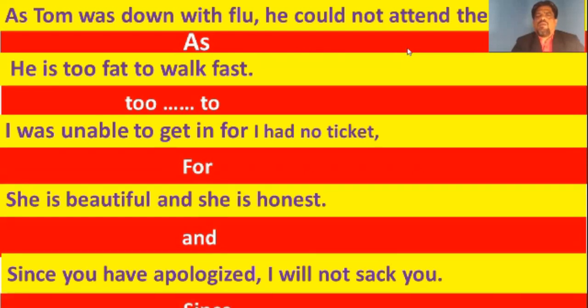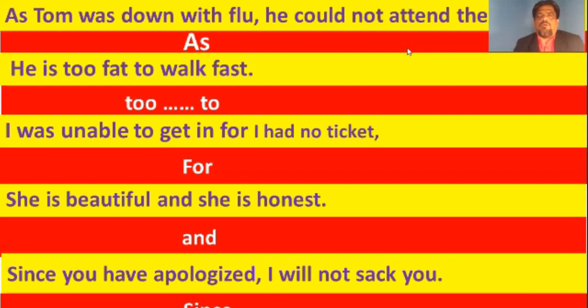Now, let us try to identify the kind of conjunction used here. First, it is "as". Very simple. Just check whether it belongs to the fanboys conjunctions. No, never. It doesn't come under the fanboys conjunctions, and it is not a paired conjunction. Therefore, it is not a correlative conjunction. Remember, we have 3 kinds of conjunction: coordinating conjunction, correlative conjunction, and subordinating conjunction.